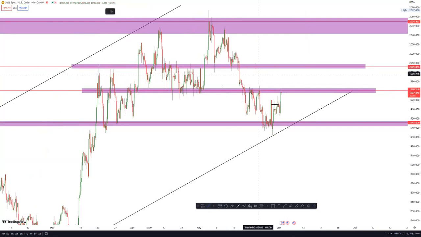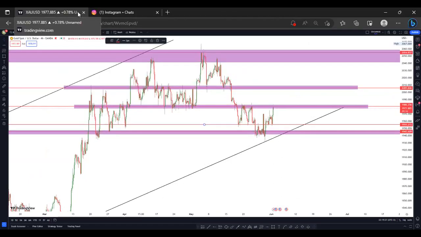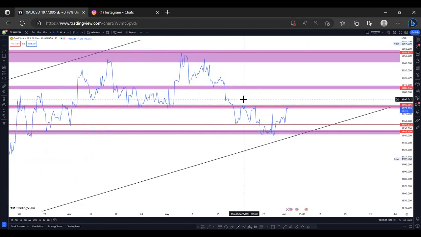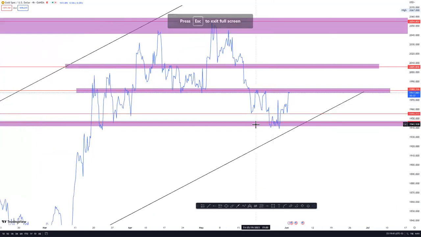So okay, before I even plot my secondary trend line, let me just quickly switch up here. First I would like to go to a line chart for me to have a clear view without manipulation on the market.